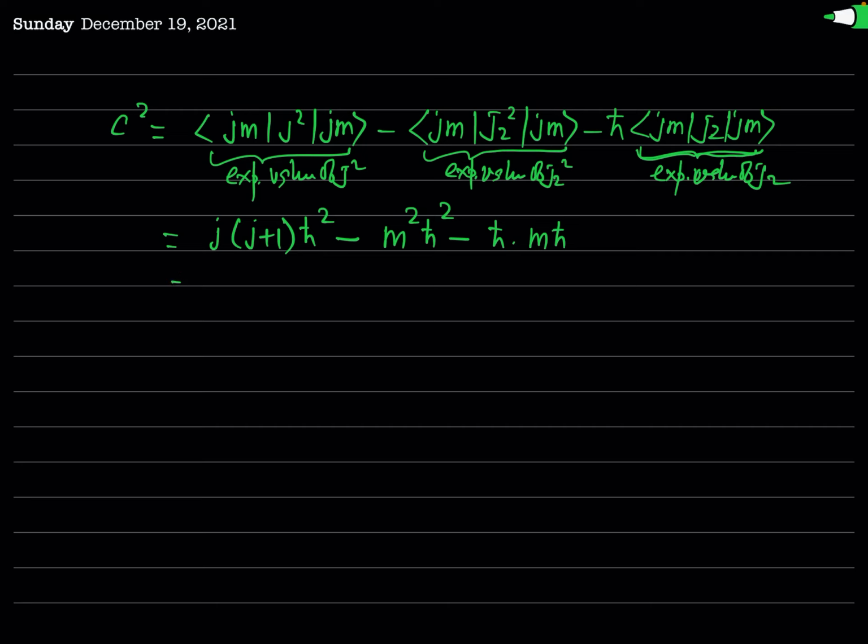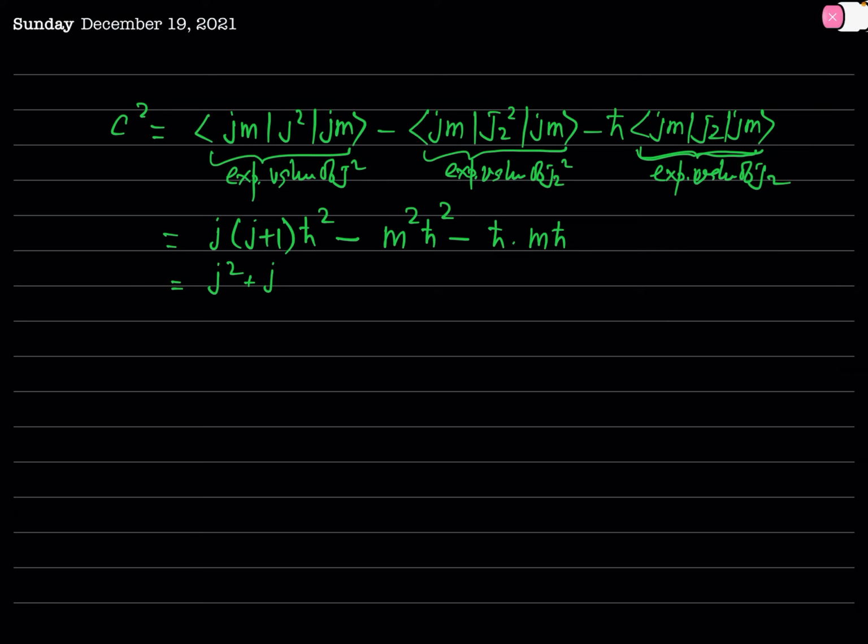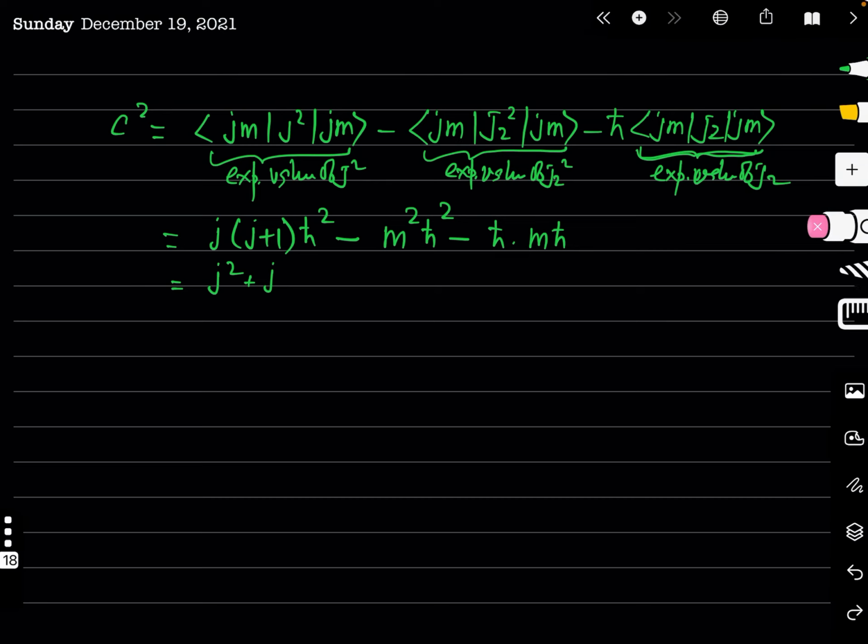Now you can see that this will be J square plus J, and you can take h bar square as a common factor.